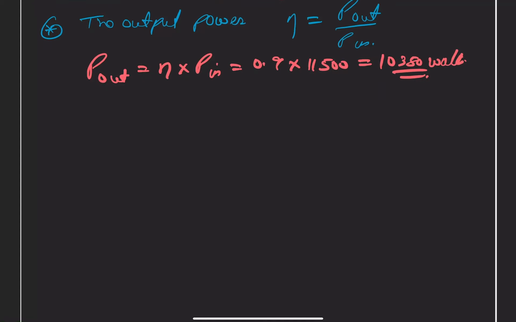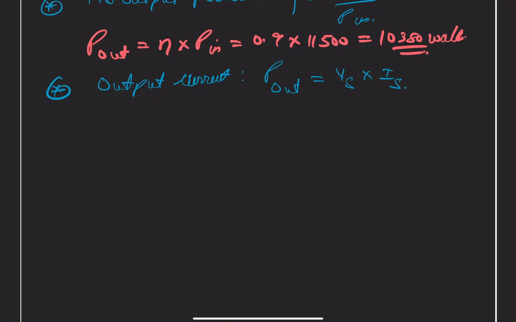Now we can find our output current. For this we are going to use the relationship: P output will be equal to voltage in the secondary multiplied by current in the secondary.